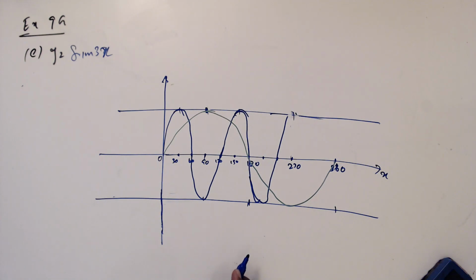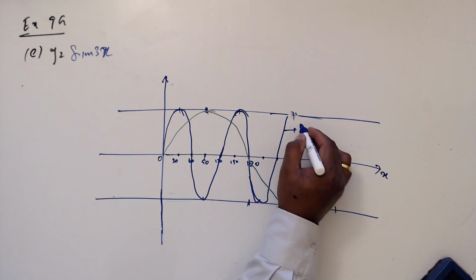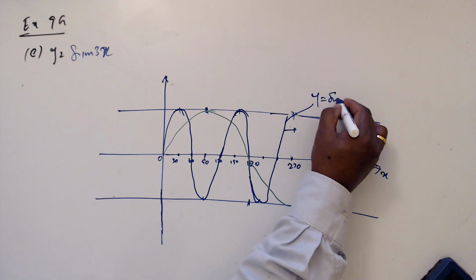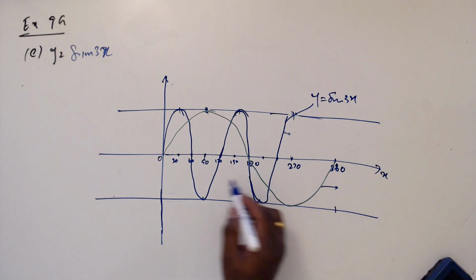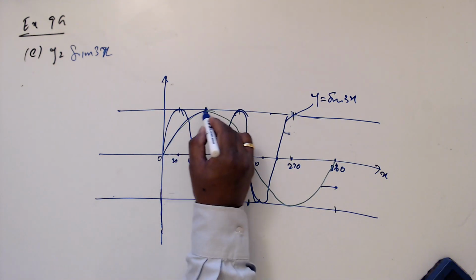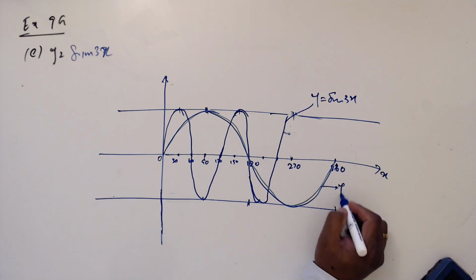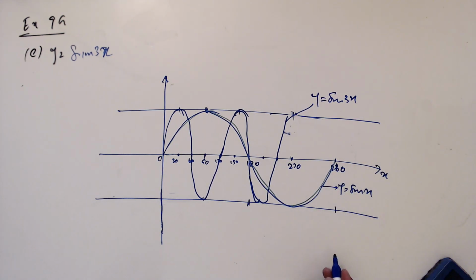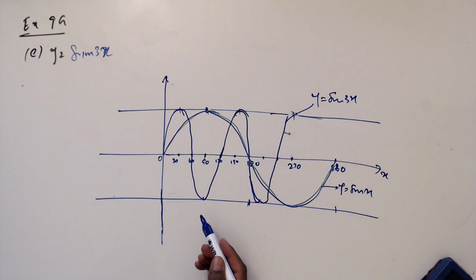The next one is y equals sin 3x. So this graph is y equals sin 3x, and this graph is y equals sin x. Now you can see that this is the sine graph, this is the sin 3x graph.